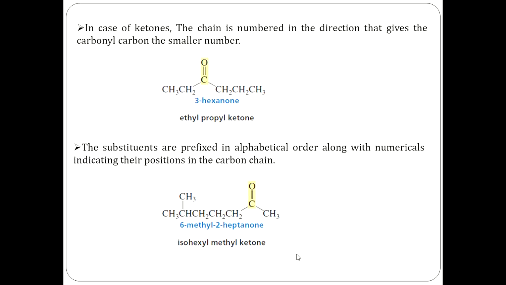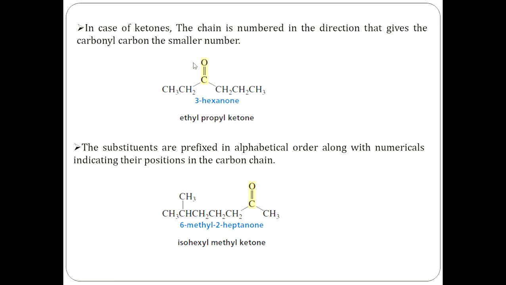In case of ketones, the chain is numbered in the direction that gives the carbonyl carbon the smaller number. You can number the given compound from this side and also from this side: 1, 2, 3 from this side and 1, 2, 3, 4 from the other side.